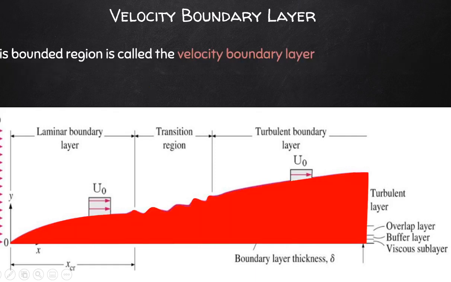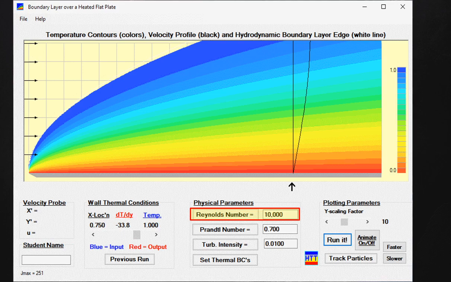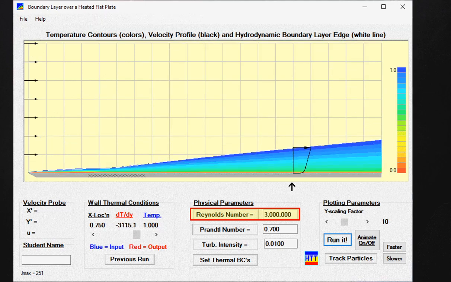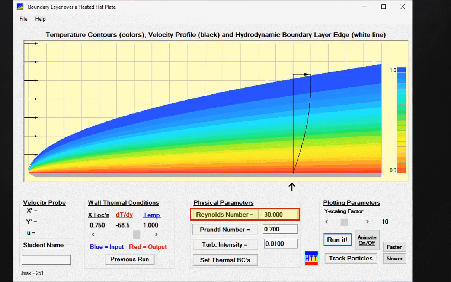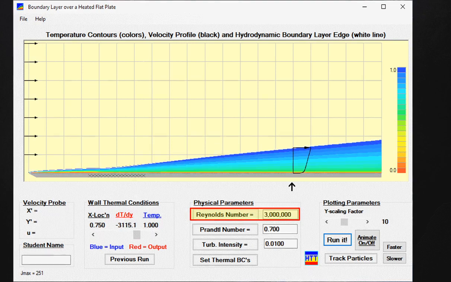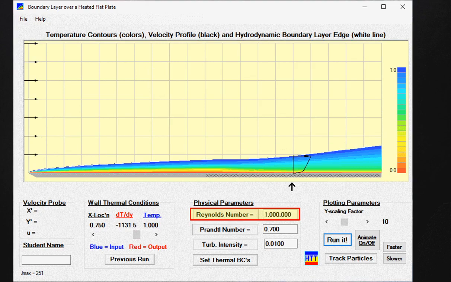So recall the term velocity boundary layer from transfer processes. It is defined as a region within the fluid that takes on 99% of the bulk fluid velocity. Shown here is a profile of varying flow rates across a plate, and you can notice that the Reynolds number is changing accordingly, so the Reynolds number gets much higher. This tells us that the velocity is much higher.